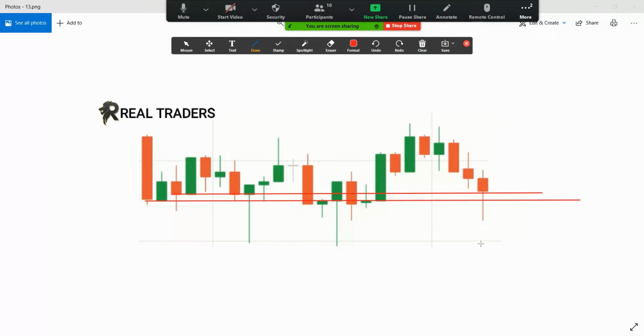If there is a hammer candle like this, it touches the wick at the support area like this. So can we trust this as a continuation or false? Yes, very good question.